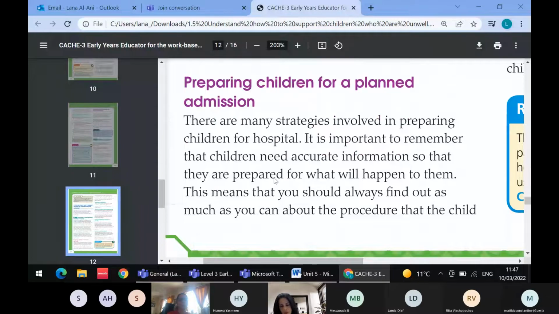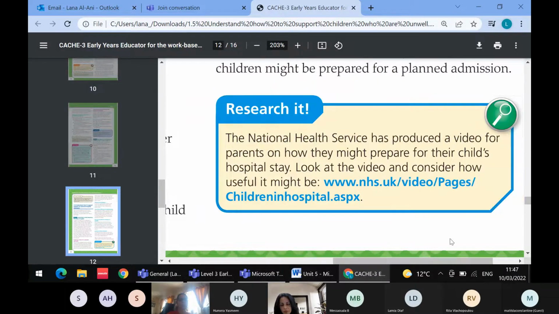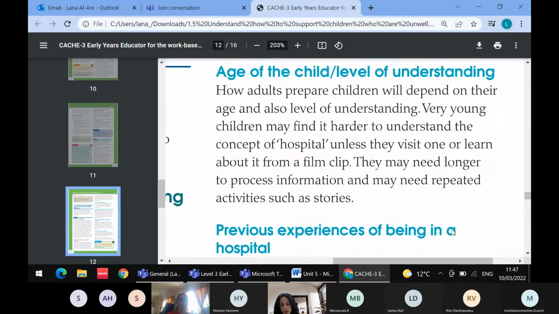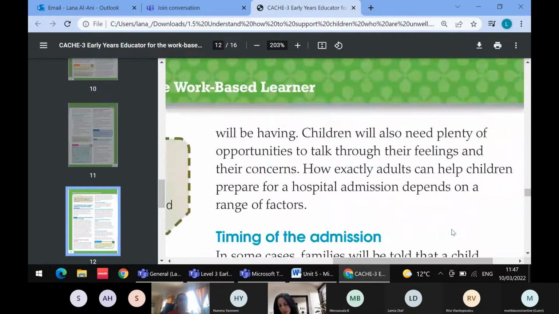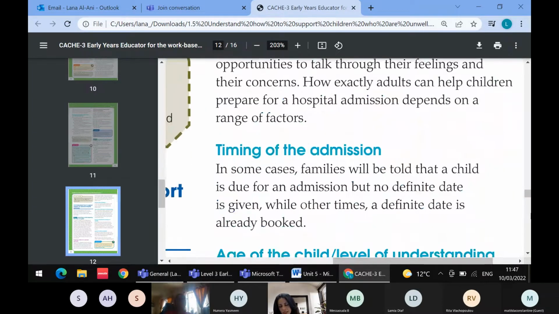It is important to remember that the child needs to understand what's happening. We can't just take them and put them in the hospital. We need to let them know, give them more information. The child needs to know the time of the admission. When are we going to take the child to the hospital?